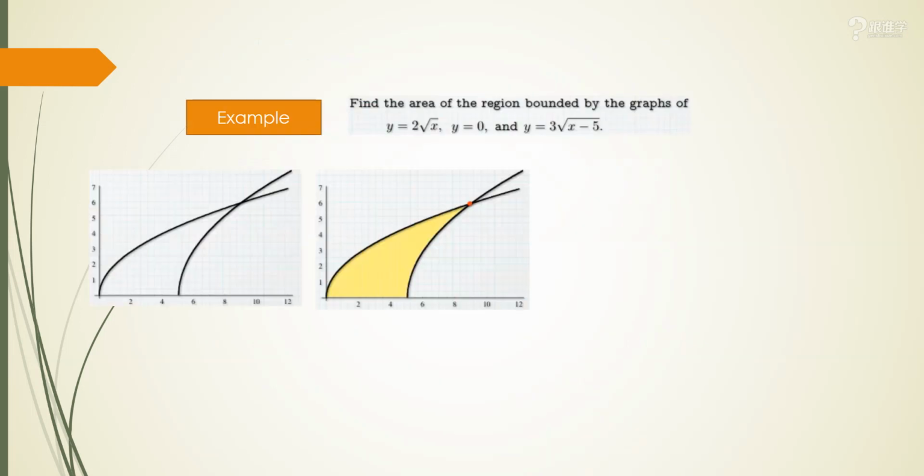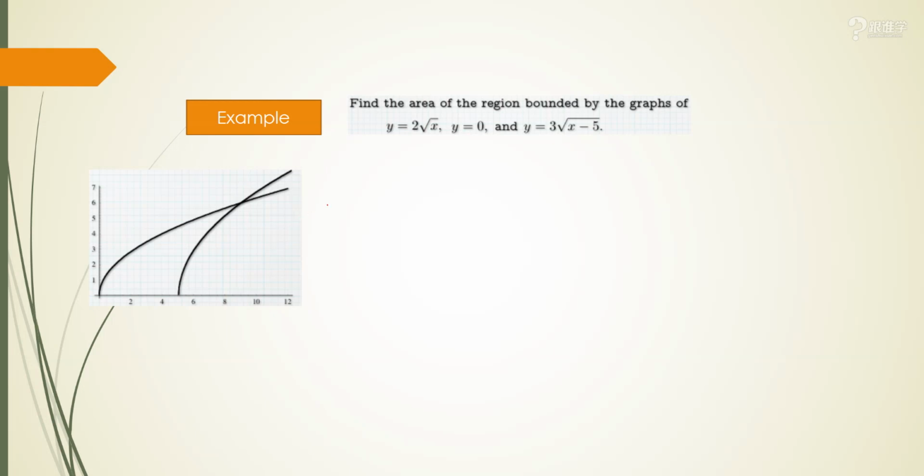So in order to speed up the calculation, we must be familiar with some of the methods I'm going to show. For example, find the area of the region bounded by the graphs of y equals 2 times the square root of x, y equals 0, and y equals 3 times the square root of x minus 5.